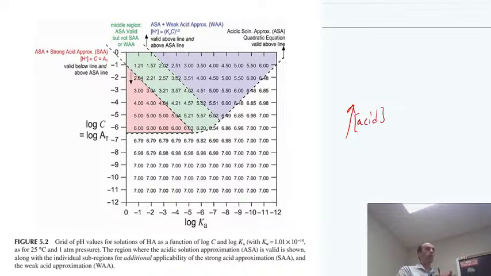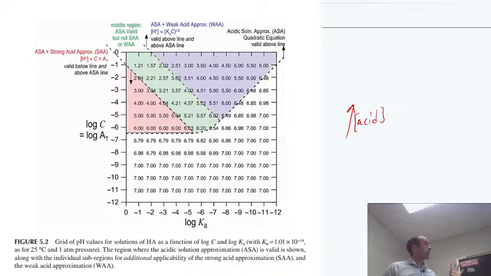When those two are equal on the pH scale, that's what this is describing. Okay, so this would tell us a strong acid would be down here, and a weak acid would be higher up. So it's kind of the pH scale sort of there. But then really where pH is, the values on this table.